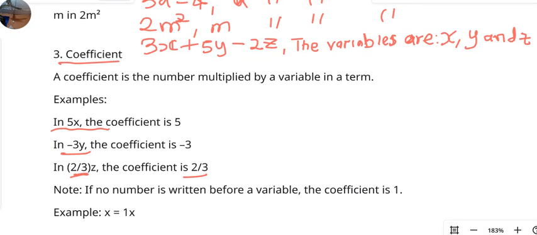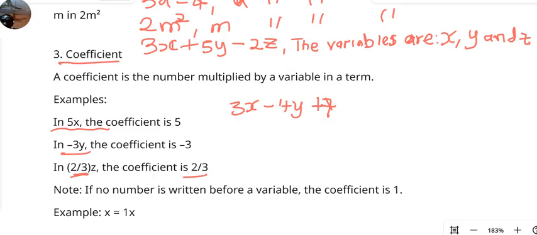You can still have bigger expressions like this. For instance, you can have 3x minus 4y plus 7. In this expression, they can ask you to find the coefficient of y.